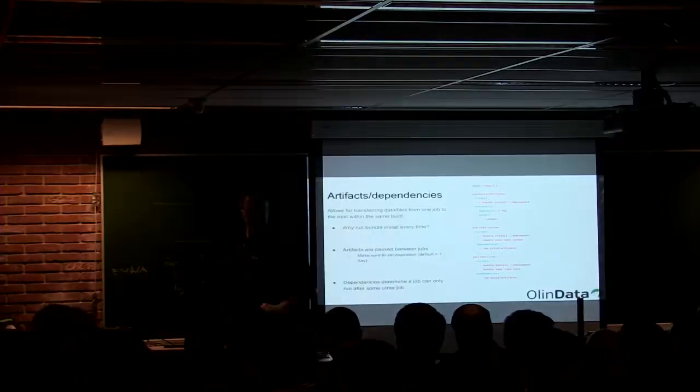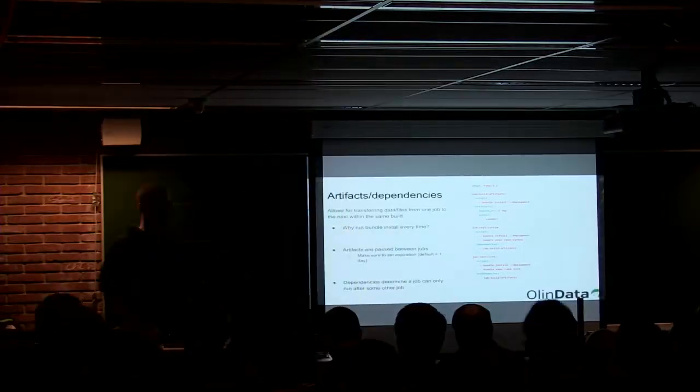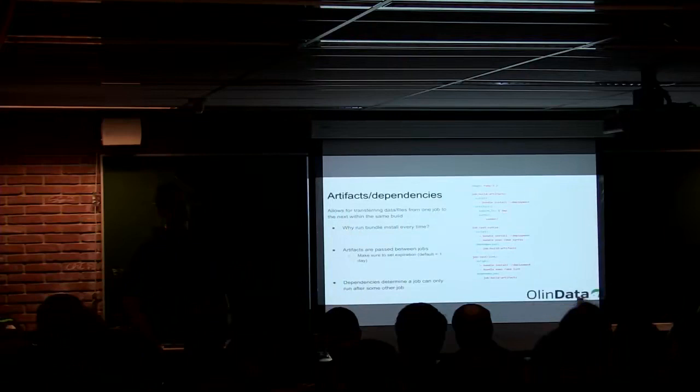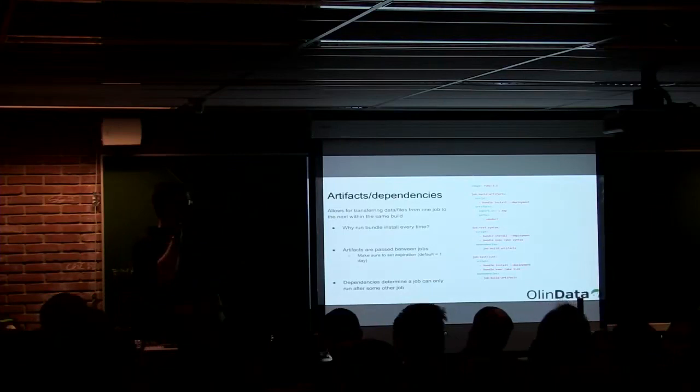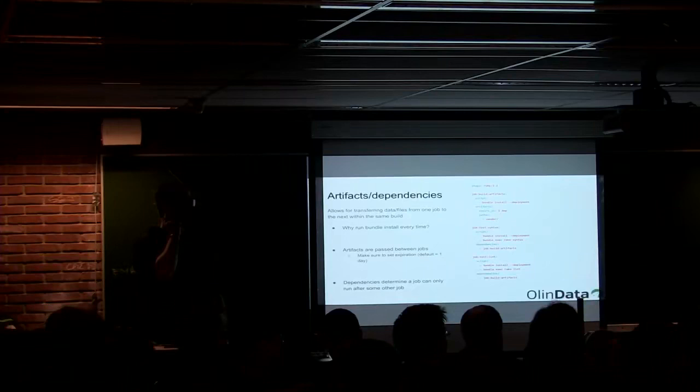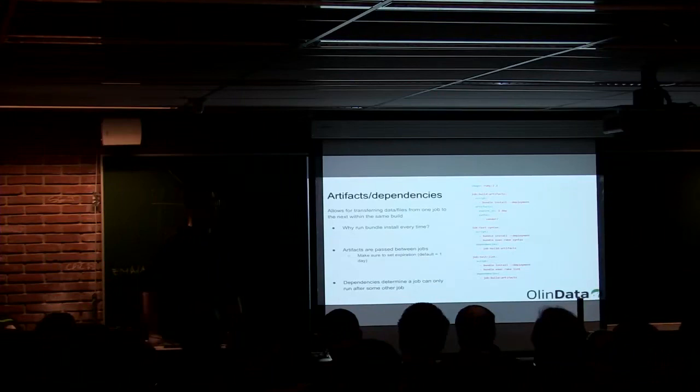I have no official ties to GitLab other than we buy some licenses from them. The question is build matrices, where you say, I want to run all versions of this against all versions of that. I can honestly say that I don't know if that currently exists. Yeah, so then you get into dirty, ugly YAML for now. No, it doesn't exist yet.